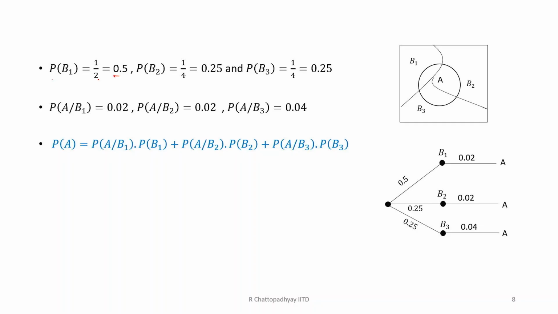So P of B1 is going to be 0.5, P of B2 is going to be 0.25, and P of B3 is going to be again 0.25.